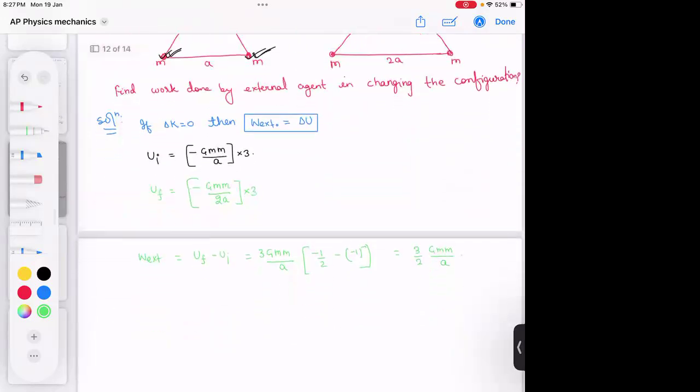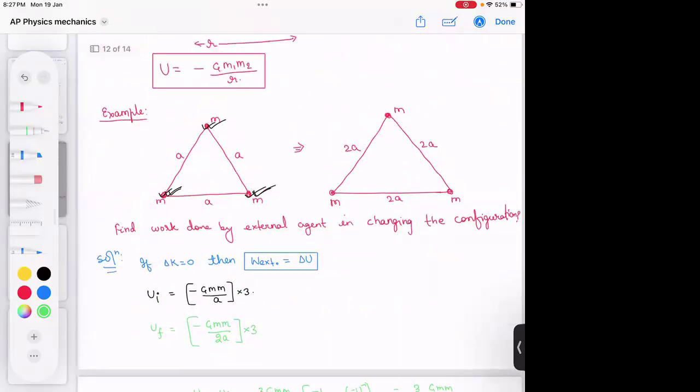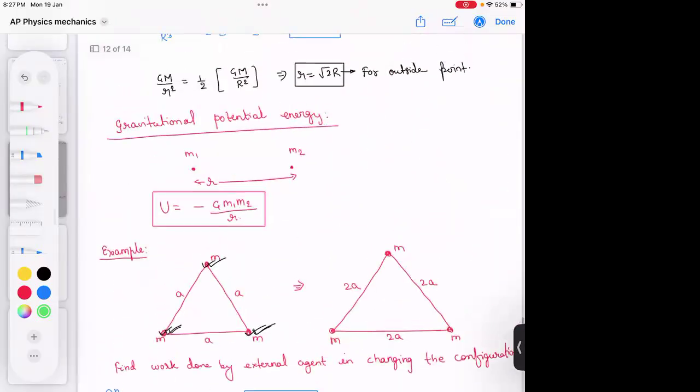Now let's discuss another thing. Gravitational potential energy is between two particles. We have calculated what the gravitational potential energy will be. Again, we can define in the same way what the gravitational potential is going to be. Then potential multiplied by the mass becomes the potential energy. Understood?